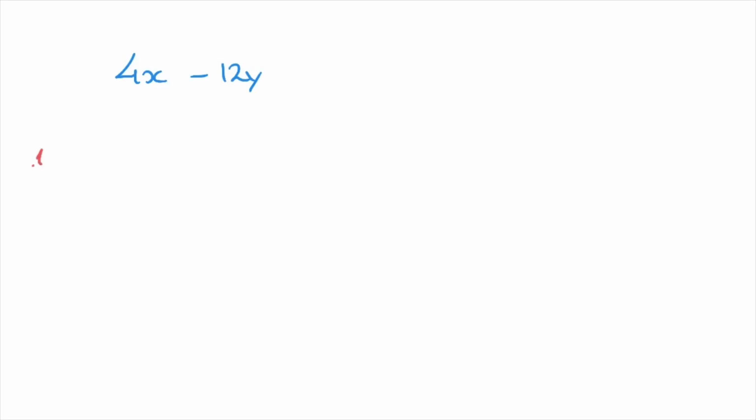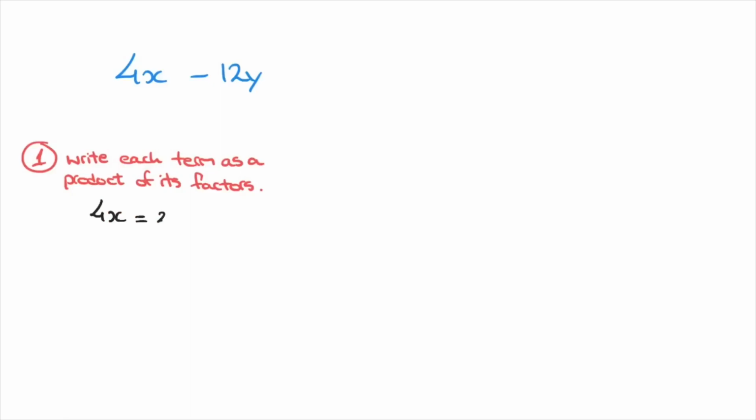And the first step, step 1, is to write each of the two terms as products of their factors. Here's how we do that. 4x can be written as 4x equals 2 times 2 times x.